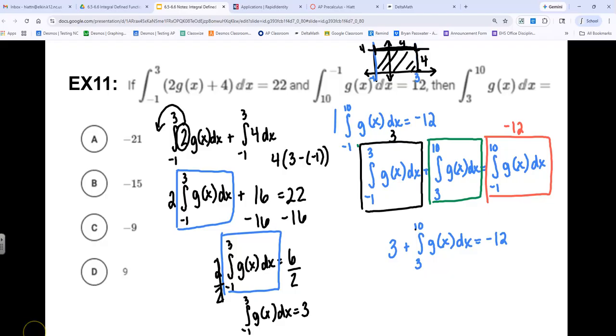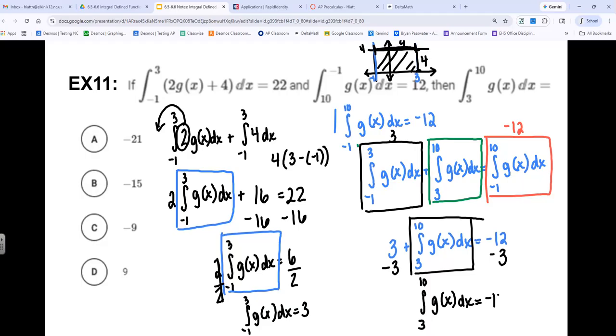And what is the last thing I've got to do to get that integral that I'm looking for by itself? Just subtract that 3. And so the integral from 3 to 10 of g of x dx is going to be -15, which is b.